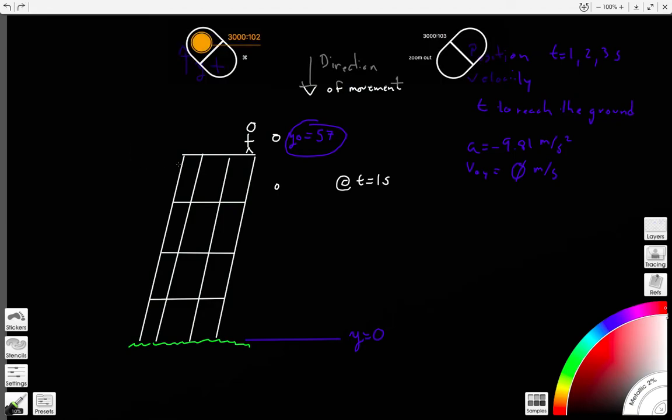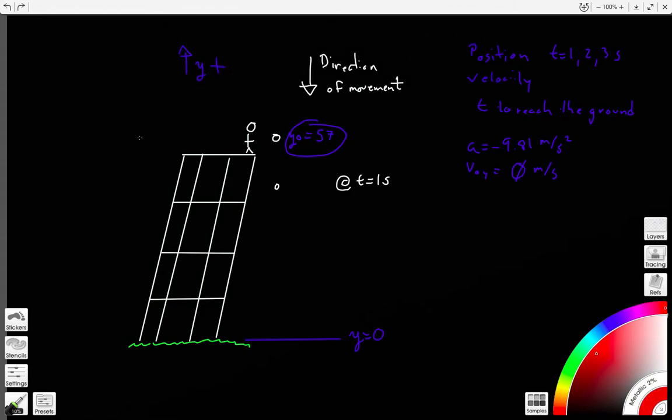Let me use another color. Let's use red. So using the first example, I moved from here to here. And this was negative 4.905.